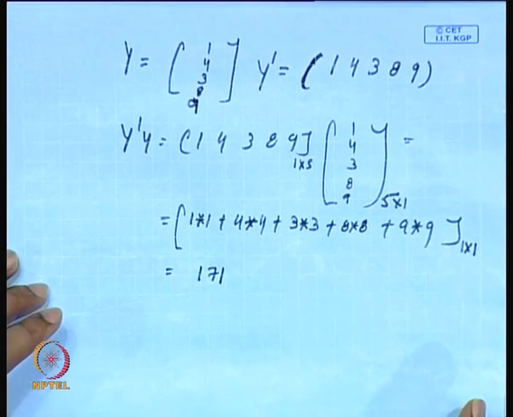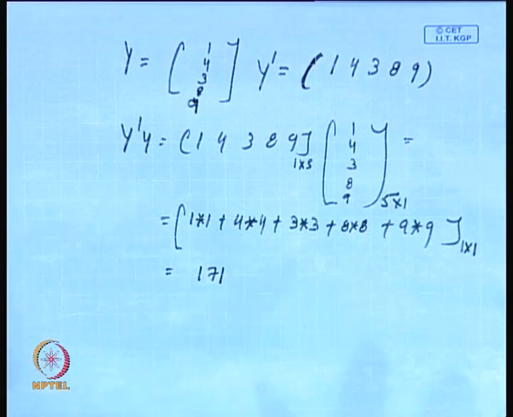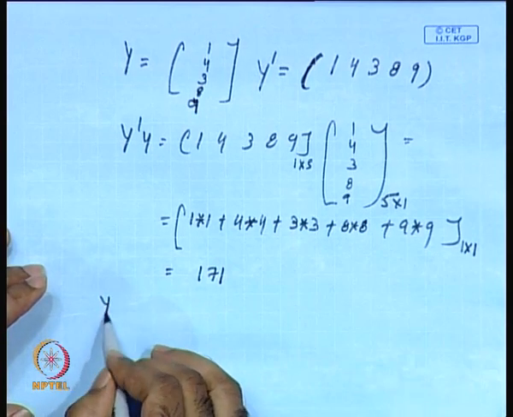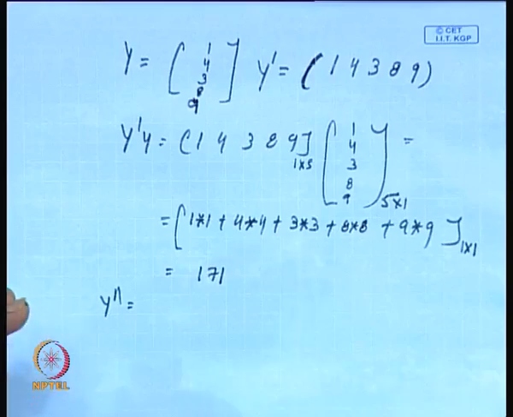Similarly we would like to know y hat square. For that we need to know y hat. So y hat equals x beta hat. We have beta hat and we also have x, so we can multiply.